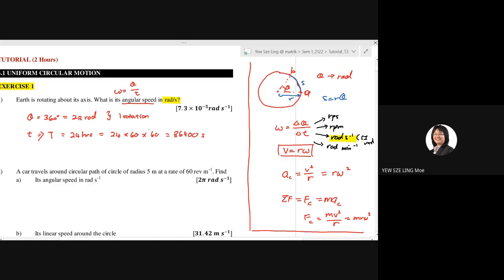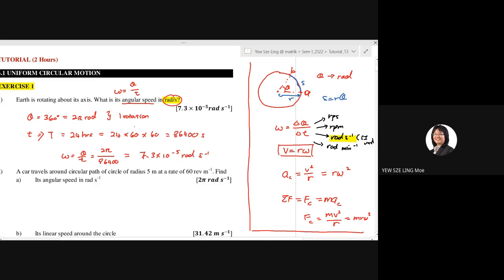So now that you have enough information, let's calculate the angular speed. Omega equals theta over T, which is equal to 2 pi, because you need the quantity in terms of radian, over 86400, which is equal to 7.3 times 10 to the power of negative 5 radian per second.